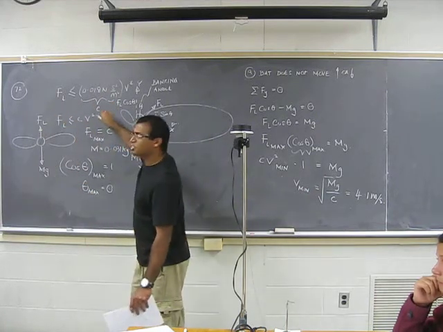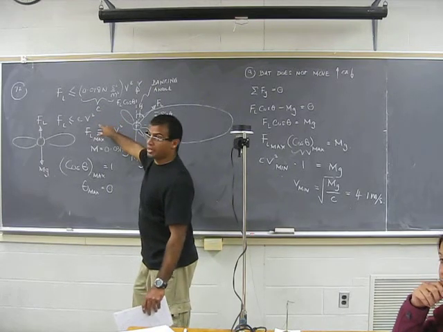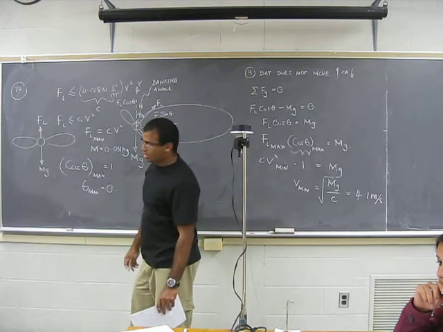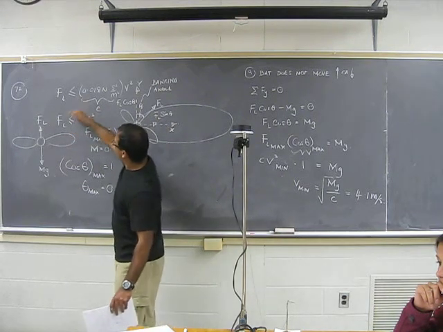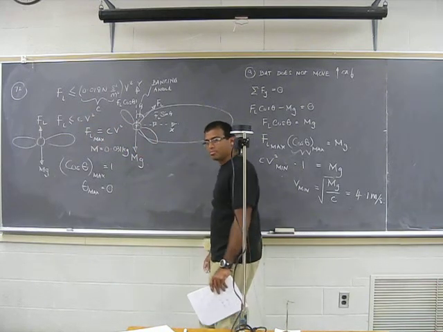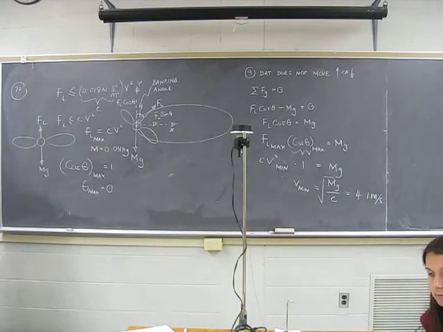It's just my C. V is my variable, C is a constant. I'm keeping the formula as it is, I'm just shortening it for easier management. Okay? So let's see the second part.